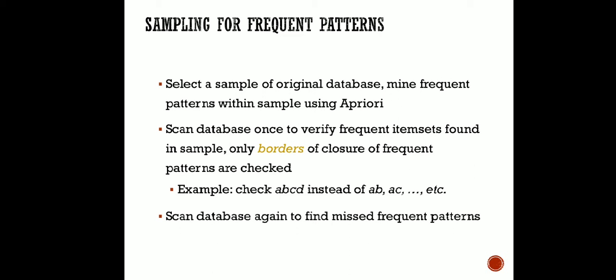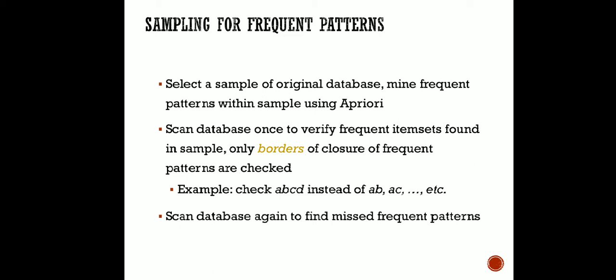But if we restrict Apriori to the sample size of the database instead of the original one, the database size is much smaller, right? So it will not consume much time.